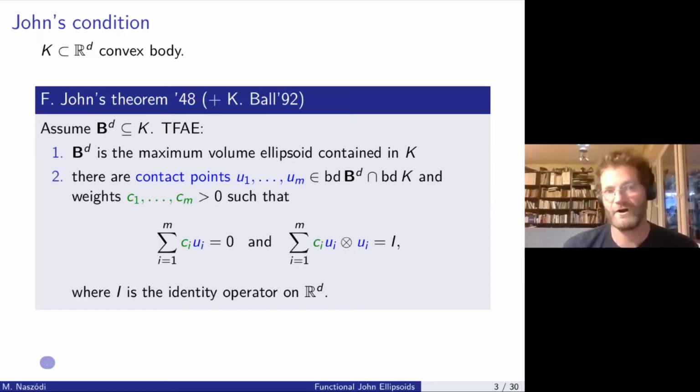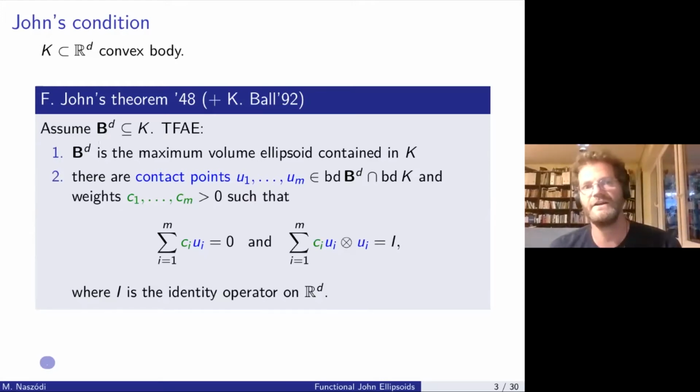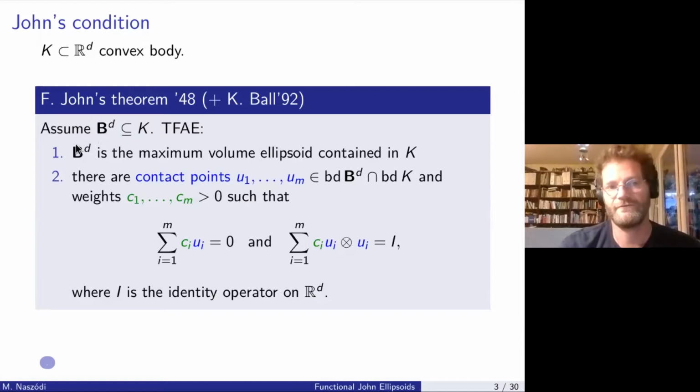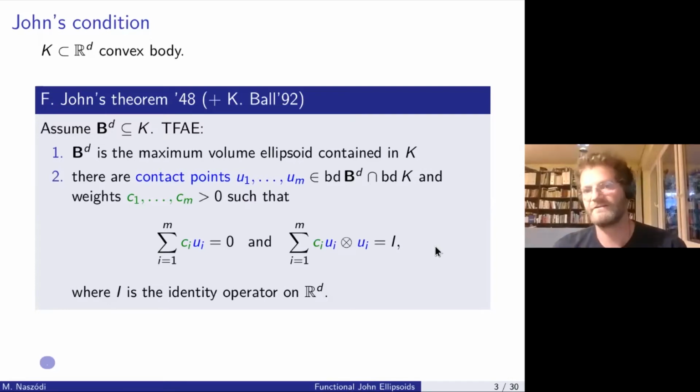It says the following. B^d denotes the Euclidean unit ball in d-dimensional space R^d, and we can characterize the situation when B^d is the maximum volume ellipsoid contained in K. It happens if and only if we can find contact points, so points on the boundary of the body which are unit vectors, and we can assign positive weights to them so that these linear algebraic formulas hold, where I is the identity operator.